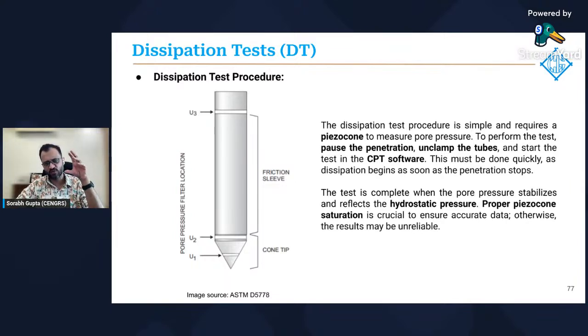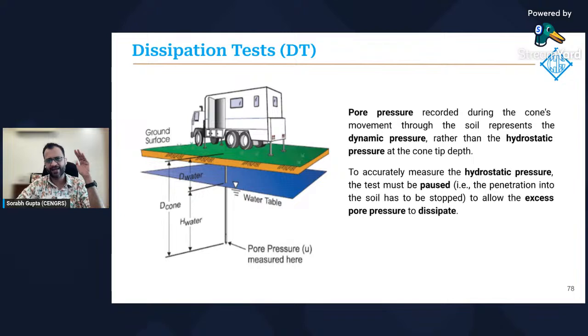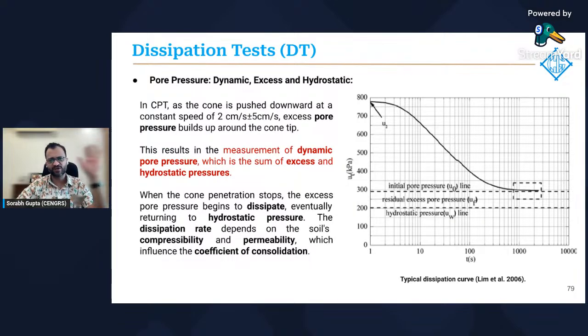Now, what we can do, and this is fairly obvious, is every now and then when we want, all you have to do is stop the cone. So stop pushing the cone and just relax and watch the dynamic pore pressure values over time, and that's a dissipation test. Simple as that. So it looks something like this.